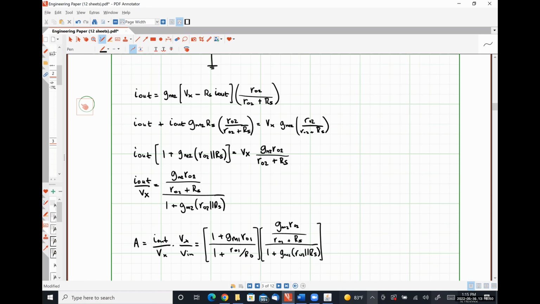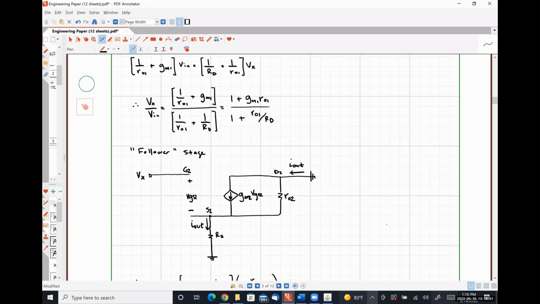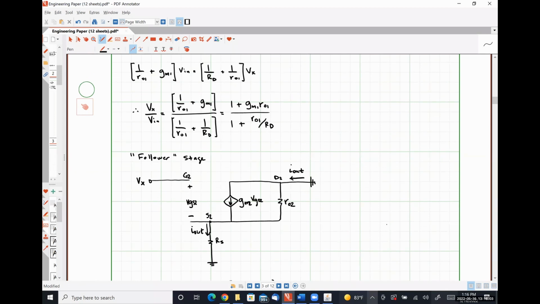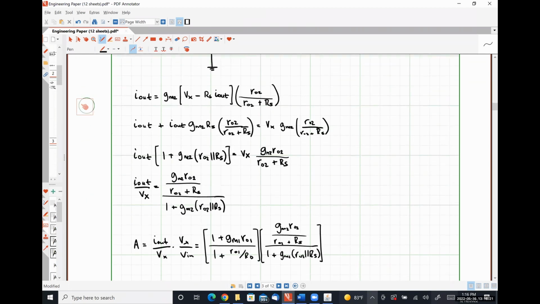Luke, what's up? One plus R01 over RD. Yes. So if we scroll up here, from this guy, right? So our first gain stage multiplied by our second gain stage. Yes. Sure.